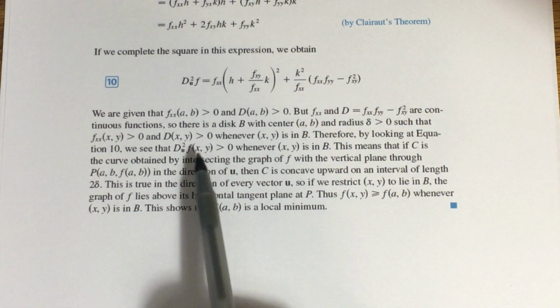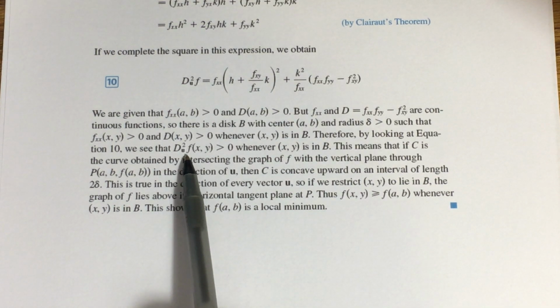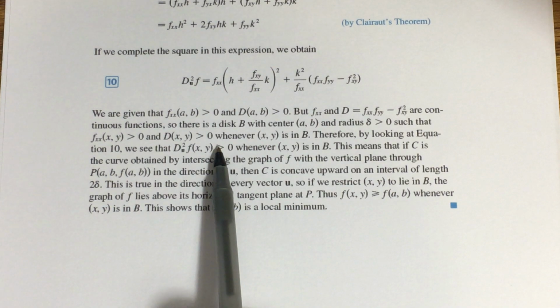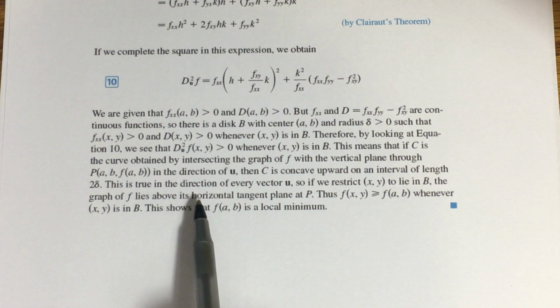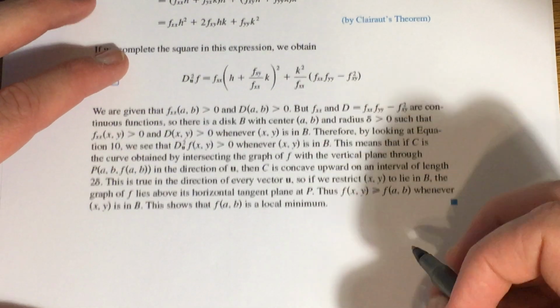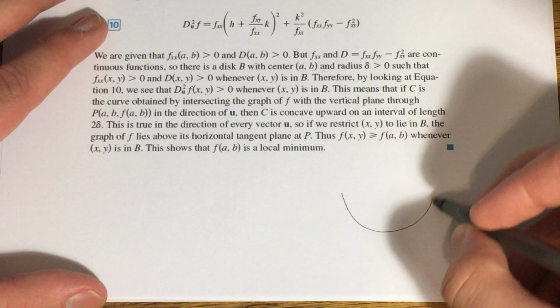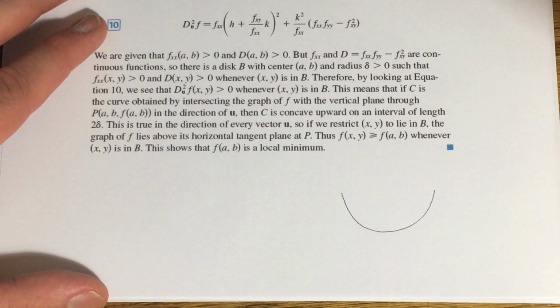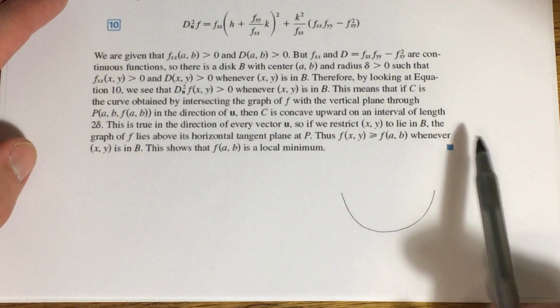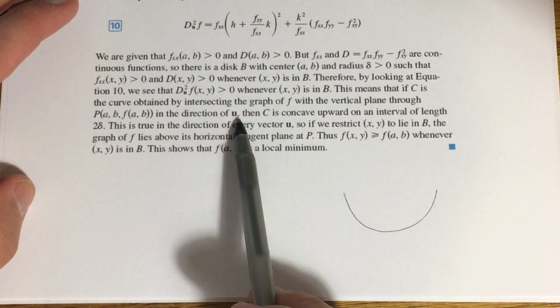And what this is saying is that if we're thinking of that as a plane curve now, the second derivative of that plane curve is positive. But do you remember what that means in the case of a plane curve? A positive second derivative means we're looking at a concave up curve, and that's concave up regardless of our choice of u.